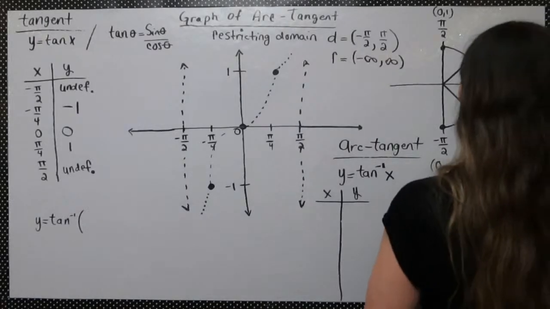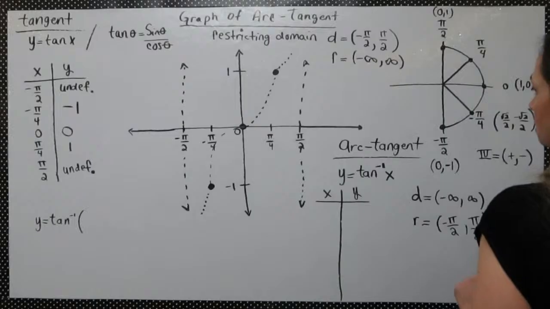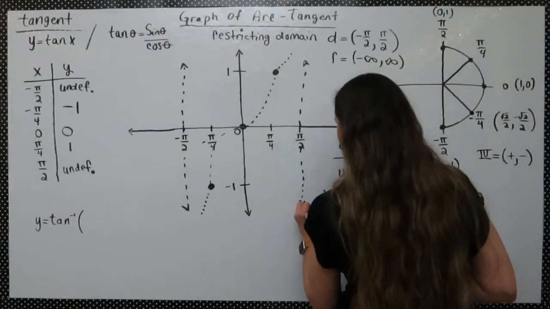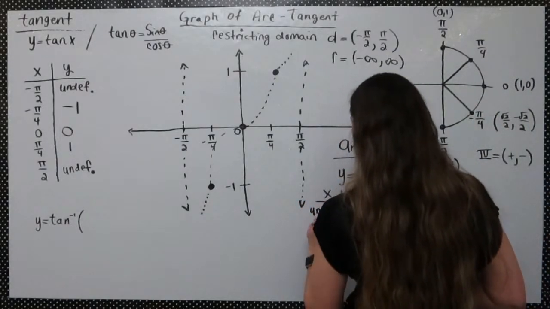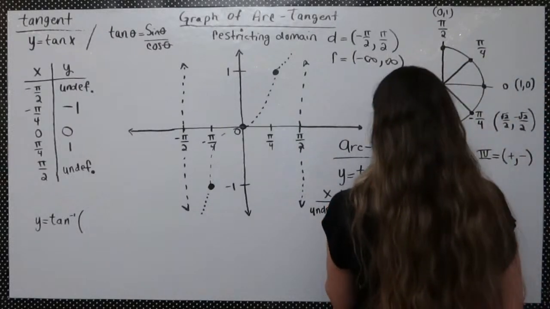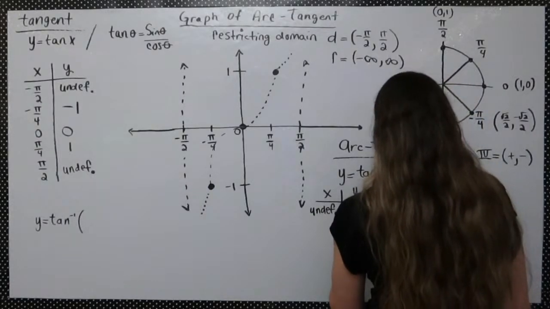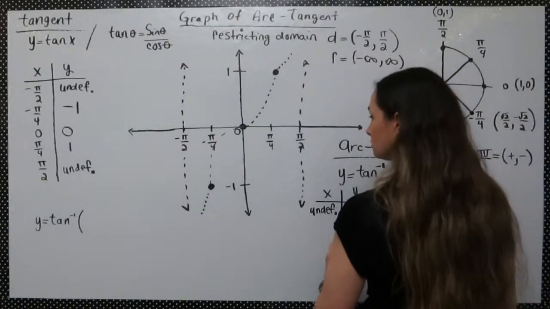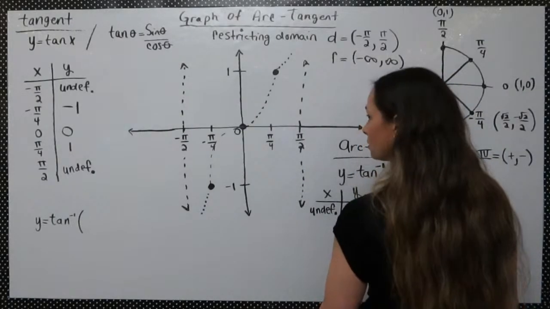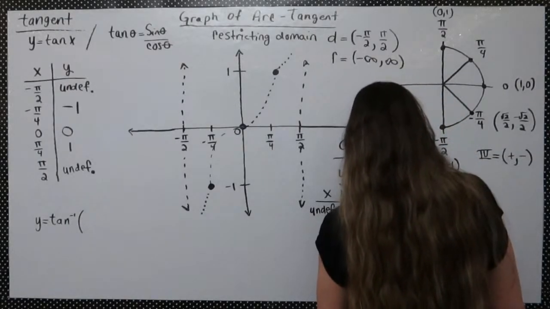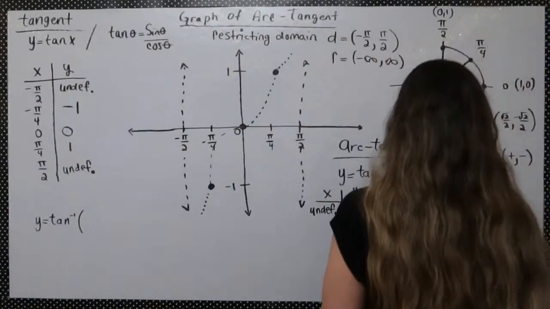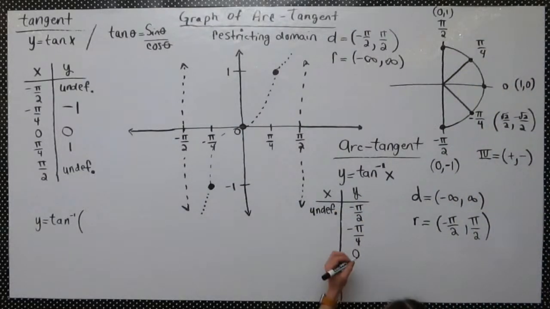I know that it's undefined at negative pi over 2, zero, pi over 4 and pi over 2, and we know it's undefined here.